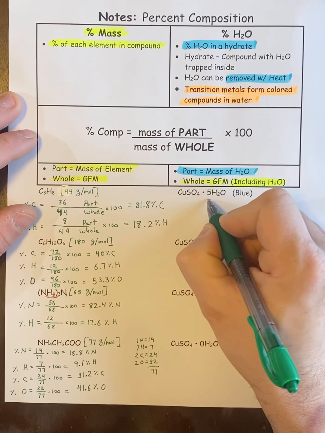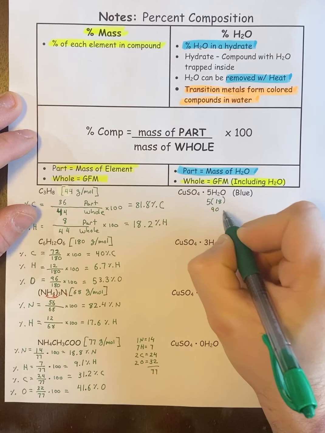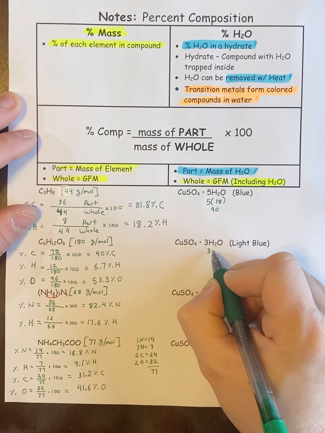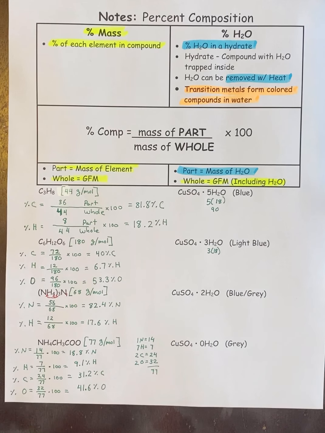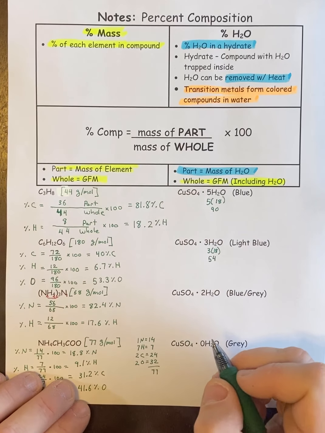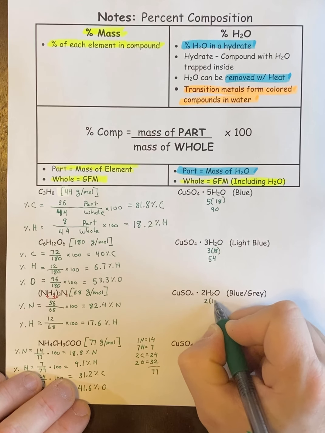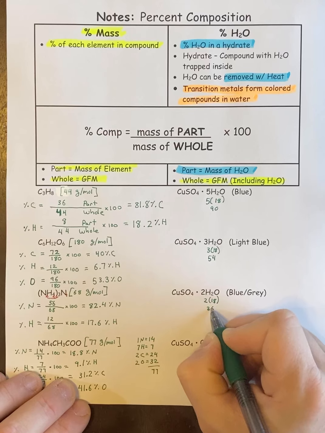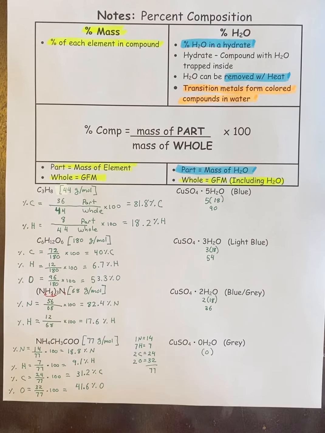So 5 waters here is going to weigh 90. And in this case, 3 waters will weigh 54, I think. 54. And now we're at 2 waters, which are going to weigh 36, and now we're at 0 waters, which are going to weigh 0. We don't even have to do the math on that one.